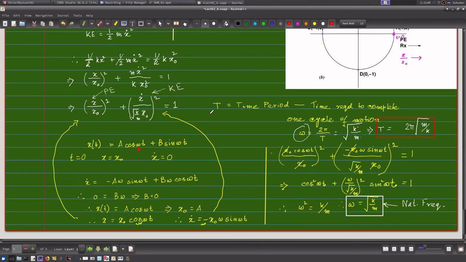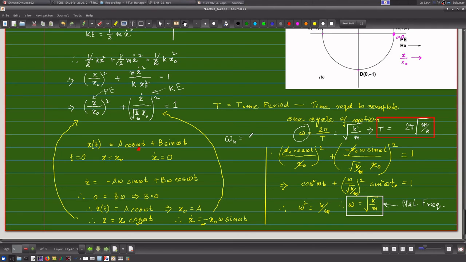Sometimes we also write a subscript n after the omega. Sometimes we also write natural frequency as omega n.